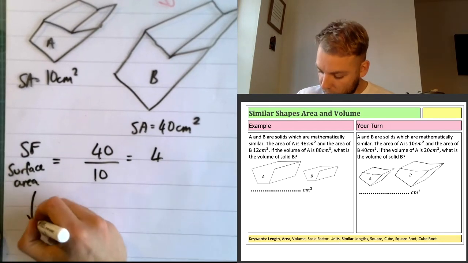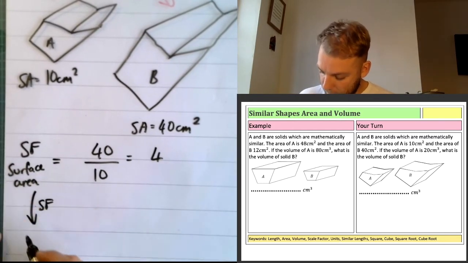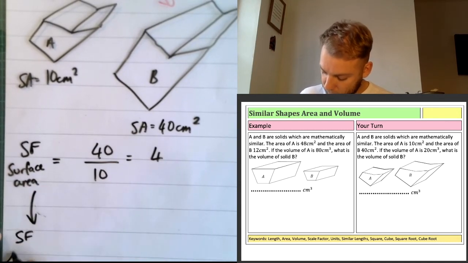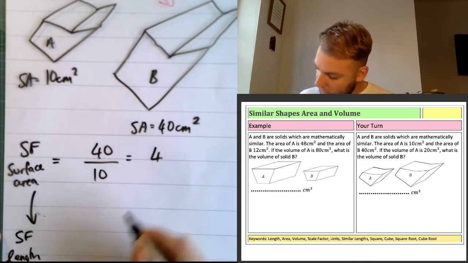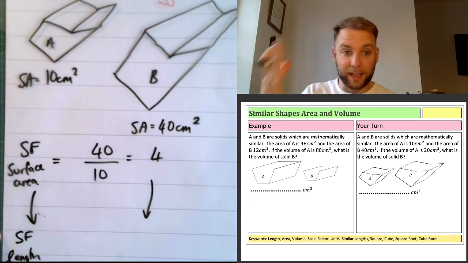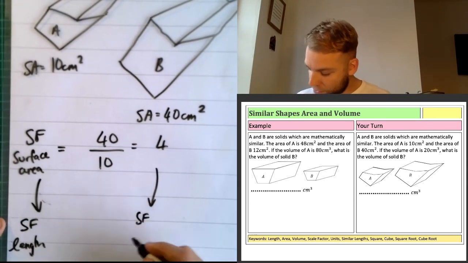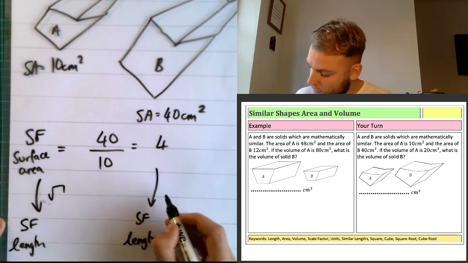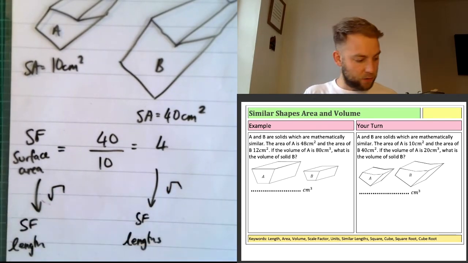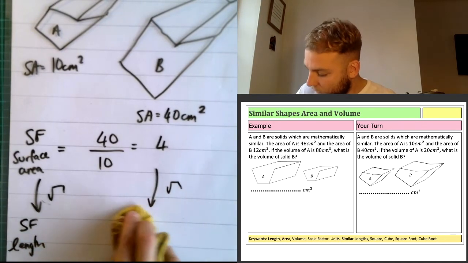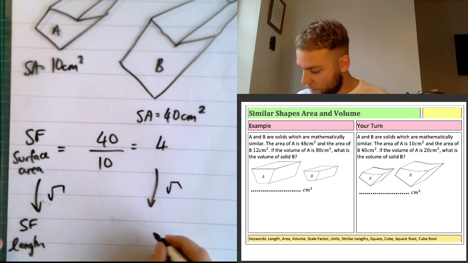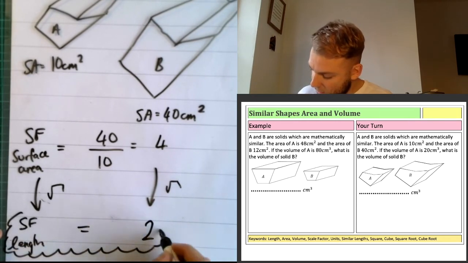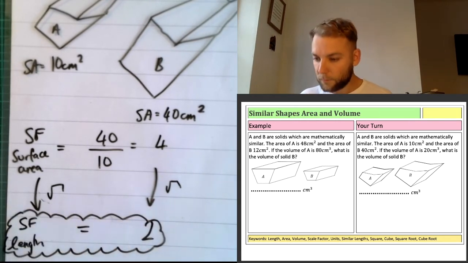So if I want the scale factor for the lengths, instead of squaring, I'm going to do the opposite of that, which is the square root. And the square root of 4 is 2. So now I've worked out the scale factor for the lengths, which is 2.